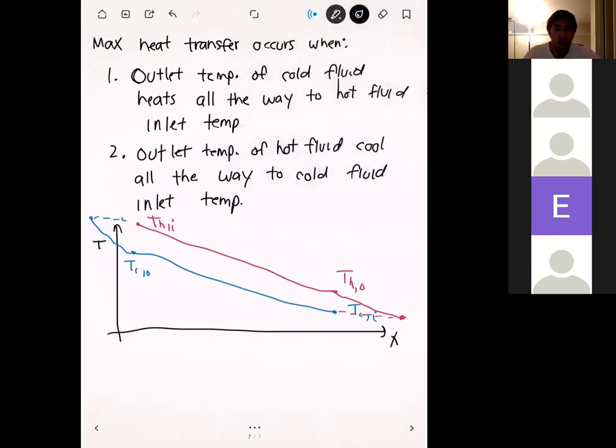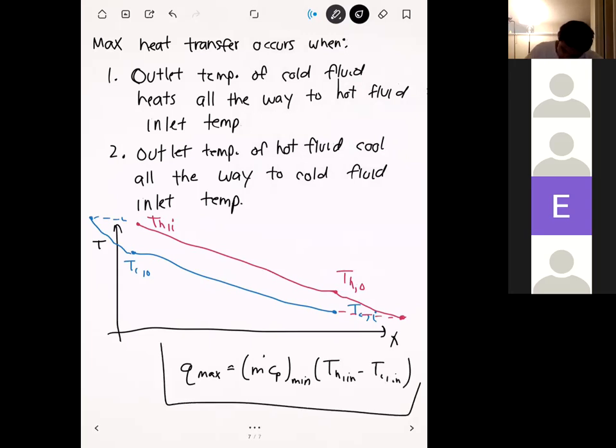All right, and so we can put a formula on this now. Q max is going to be equal to m dot Cp min, the minimum value of the product of mass flow rate and Cp, multiplied by the maximum temperature difference. The maximum temperature difference is T hot in minus T cold in.